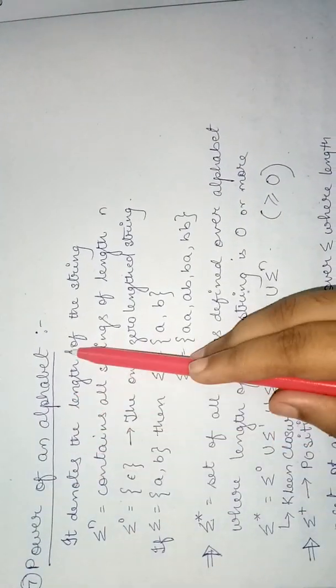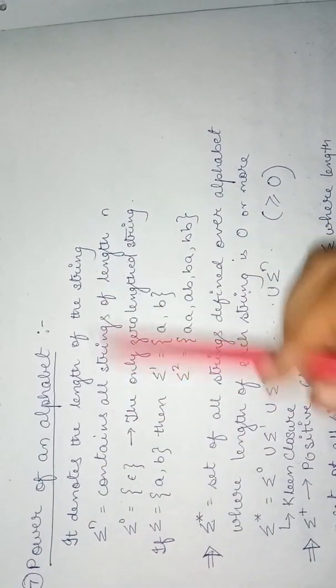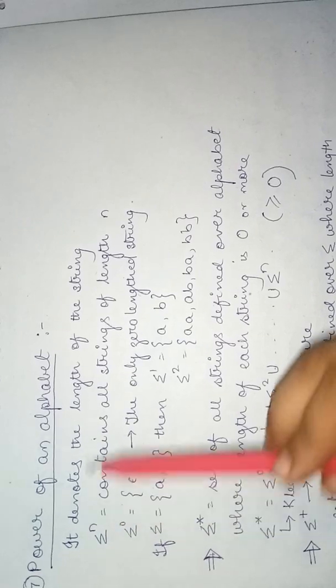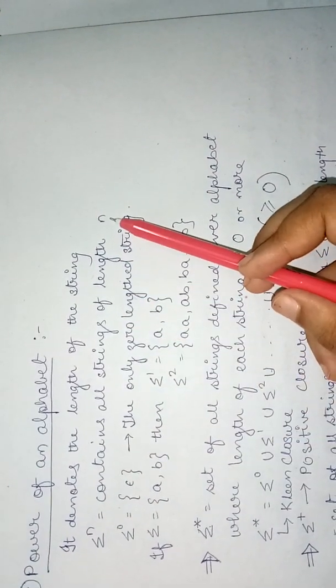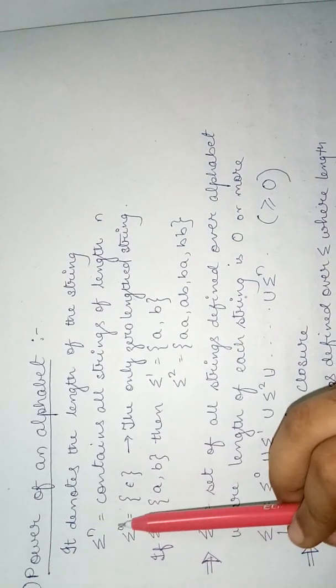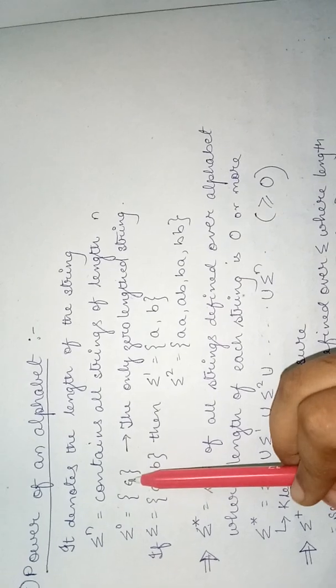Next is the power of an alphabet. It denotes the length of the string. Here summation n means it is a set which contains all strings of length n. Like summation 0 means only the 0 length string should be there, that is epsilon.